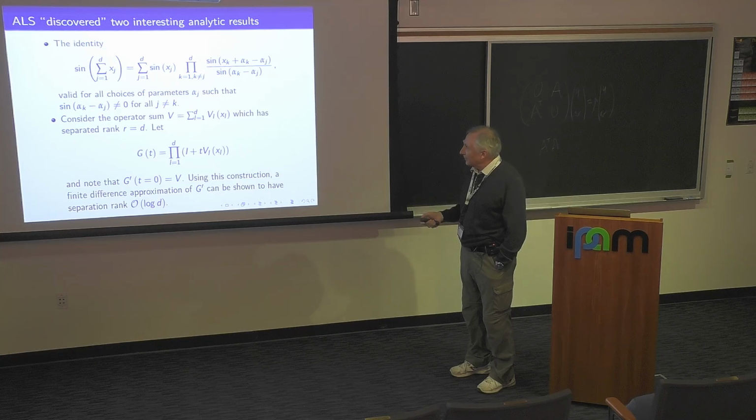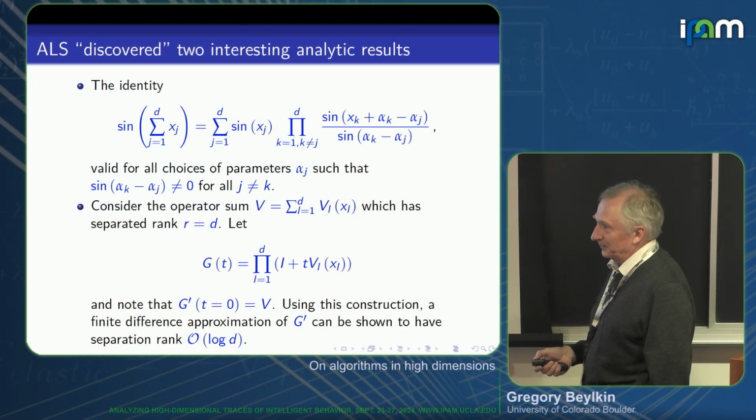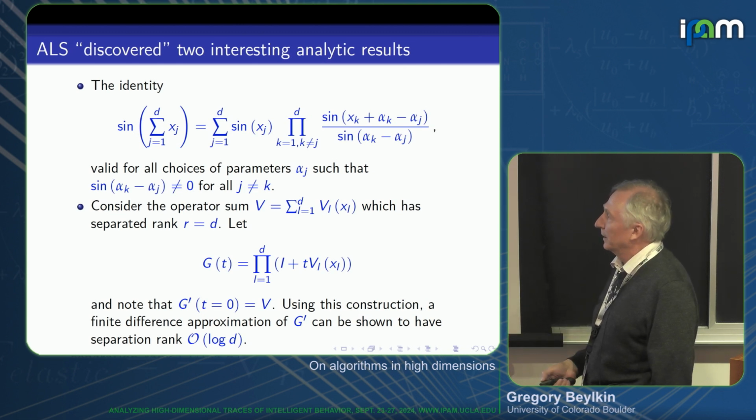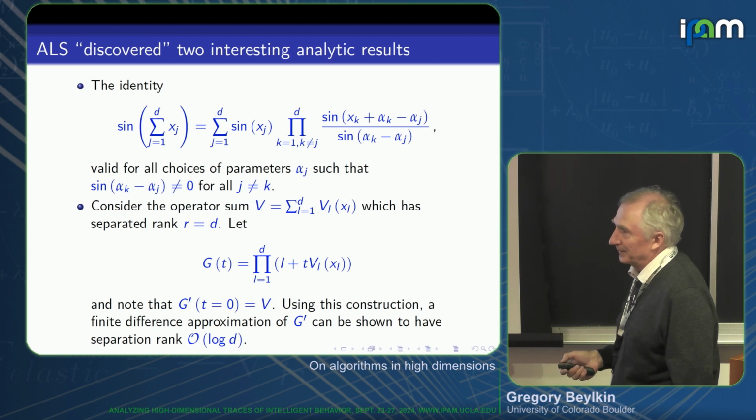Well, we put it into the algorithm, and it came with exactly d terms with machine accuracy. We put a different initial point, and it gave a different answer with d terms. Two days later, there was a new trigonometric identity which was not in the books.